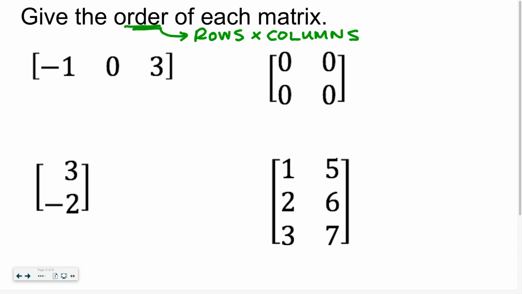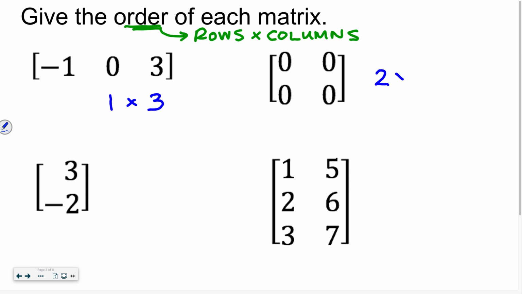Okay, so let's talk about that first matrix, negative 1, 0, 3. Talon, what did you guys say for order? 1 by 3. I agree. There's one horizontal row. There are 3 separate columns. Max, what did you say for 0, 0, 0, 0? 2 by 2.